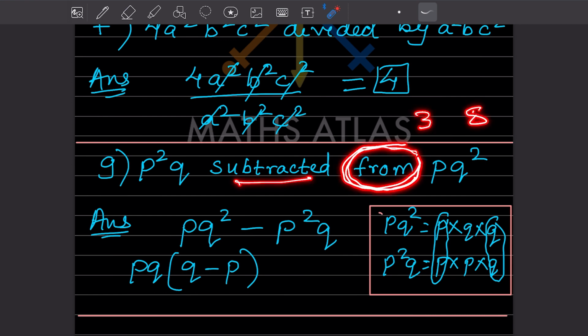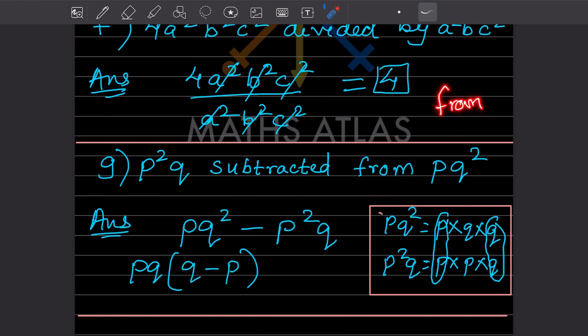Which one are you going to write first? 8 you are going to write first, because after from, whatever the number is, you write that first, then 8 minus 3, that is 5. So same here, when the word from is used, whatever is after from comes first. This is not a number, so you should not get confused. That is pq square should be at the start, after from. Just remember, wherever you come across this from. And then you are going to subtract p square q.